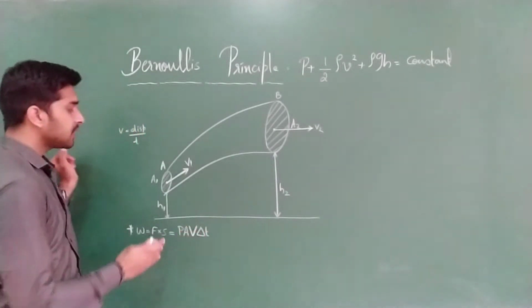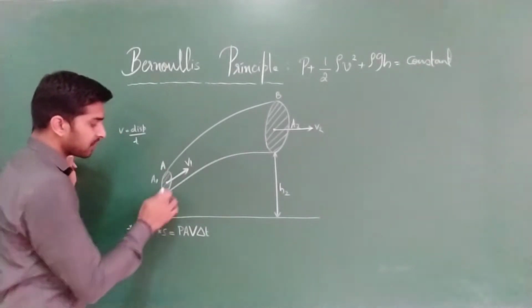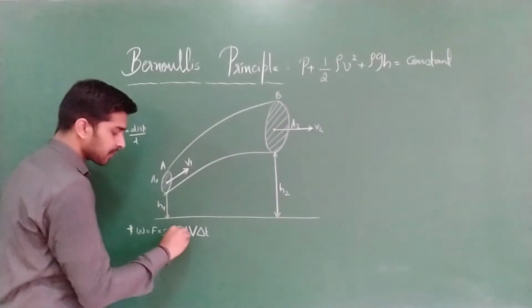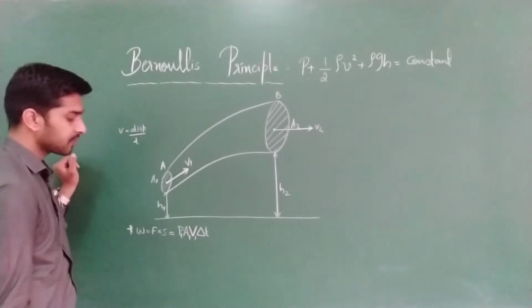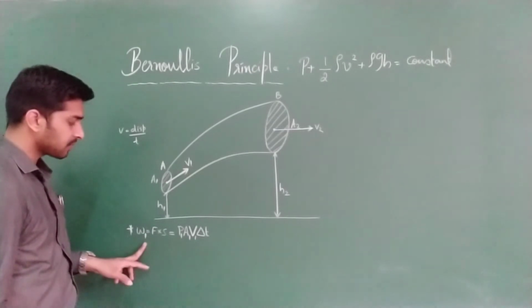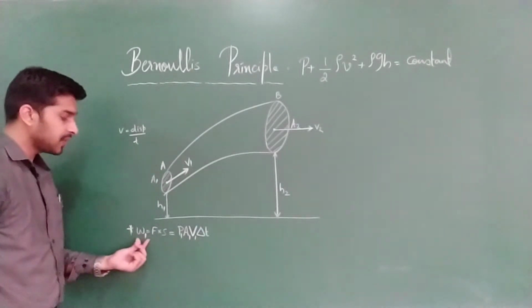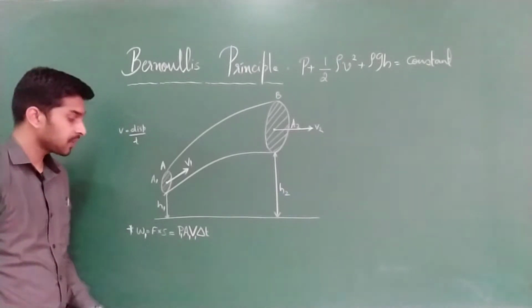And we are considering this as one face, this as one more face. That's why for this face I will mention P1, A1, V1 into delta t. Clear? This is nothing but our W1. W1 is P1, A1, V1 into delta t.